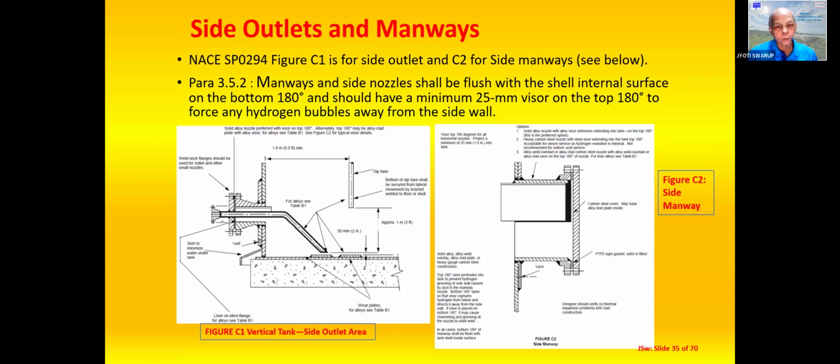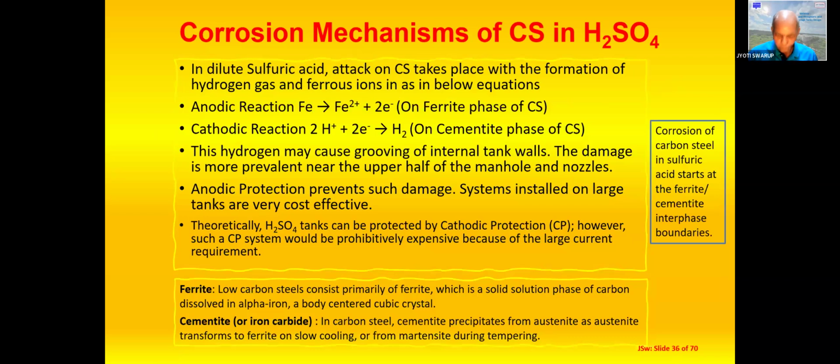If there is too much turbulence in the liquid, then the corrosion will start increasing. So let's talk of the corrosion mechanism of carbon steel in H2SO4 tanks.